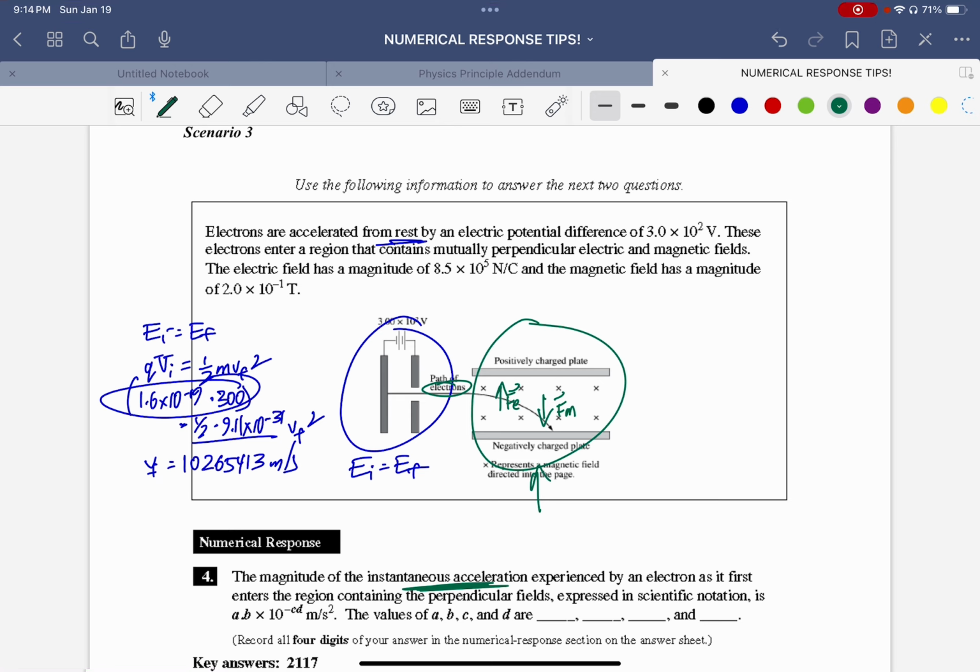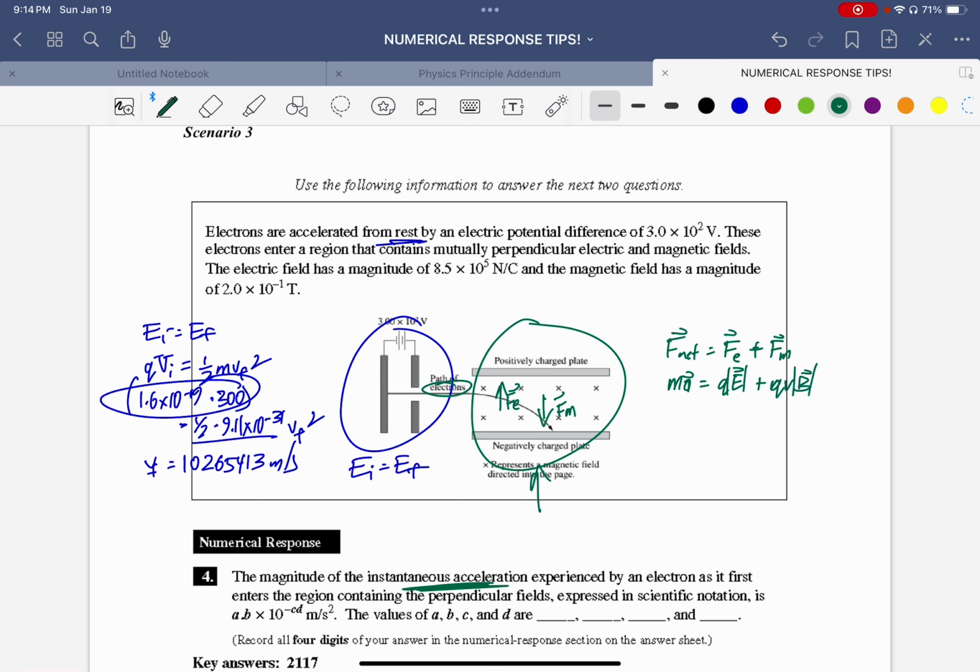Let's analyze this green section now. Doesn't matter what we have here, charged particle, whatever. In the end, we have two forces acting. When we have two forces, we always do the same thing. F net is equal to the sum of the forces, Fe plus Fm. F net is also m times a. The electric force is qE. The magnetic force is qvB.